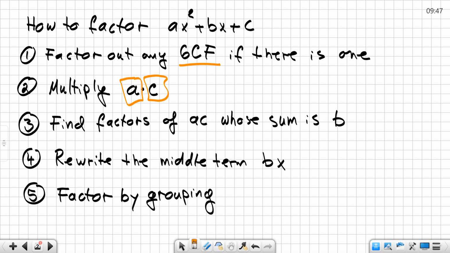And for this new number, I'm going to look for two factors whose sum is the number in the middle. This looks very similar to what we have done before when we factored trinomials with leading coefficient 1. Next, we are going to rewrite the middle term, the bx, and then we are going to factor by grouping.